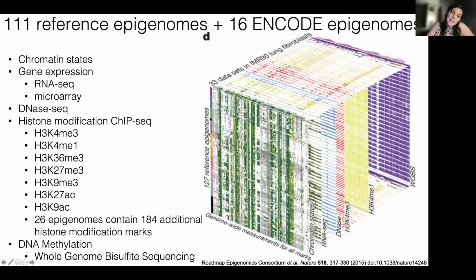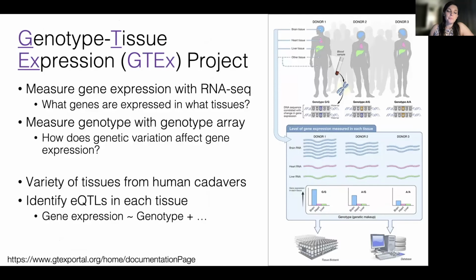So 127 different reference epigenomes and all these different data sets, chromatin states, RNA-seq, DNA-seq, different histone modifications, whole genome bisulfite. So again, lots of data that's publicly available for download and available in the UCSC genome browser, which I mentioned earlier, which really helps you, especially if you're a visual person, integrate all the data visually at once and look for some patterns, which could help you build and develop hypotheses.